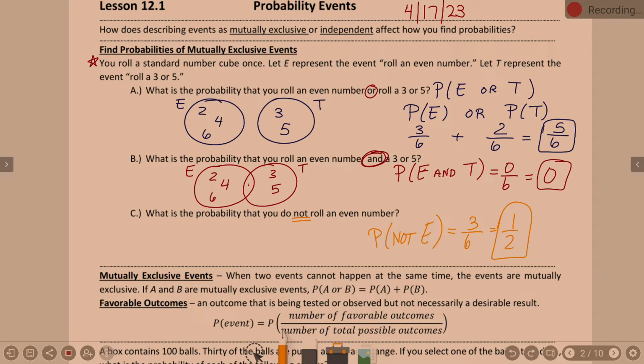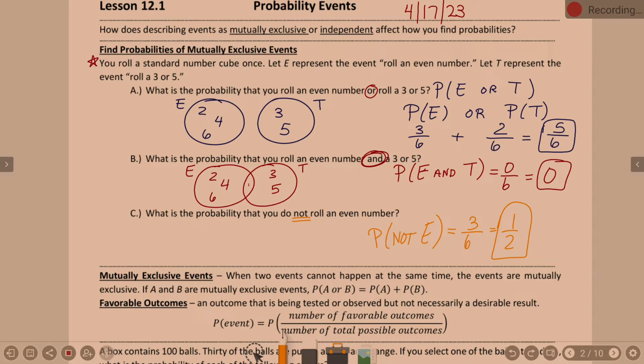Favorable is just whatever you're being asked to find the probability of, yes? So if you're being asked to find the probability that you get sick, what is the favorable outcome? You getting sick. Okay? So not that getting sick is favorable, but that's the favorable outcome because that's what was asked here. So just a little comment about that vocabulary.